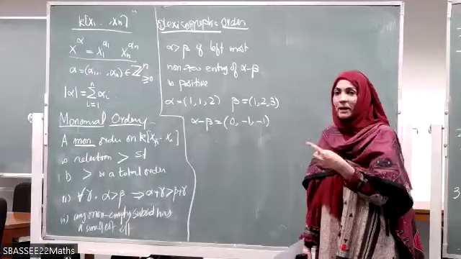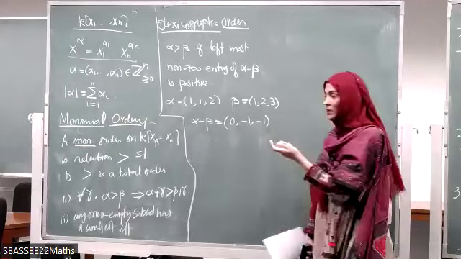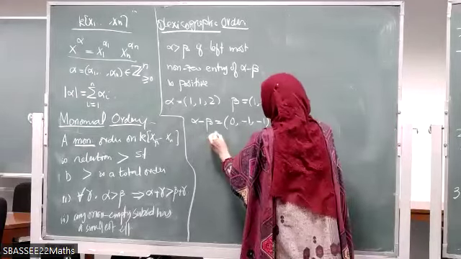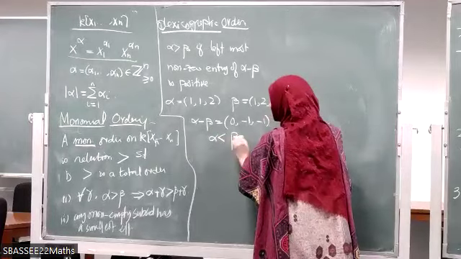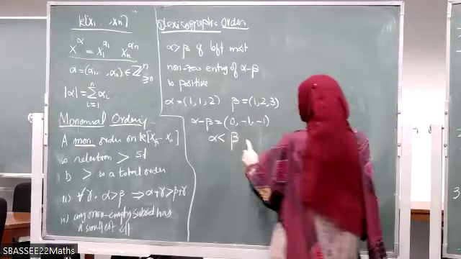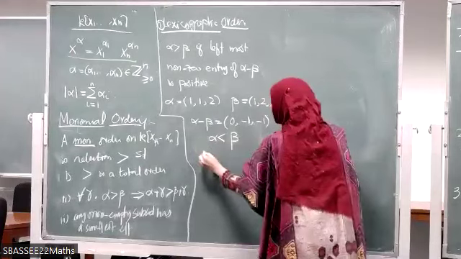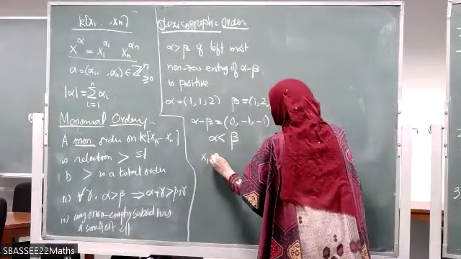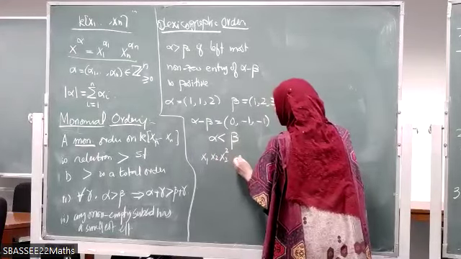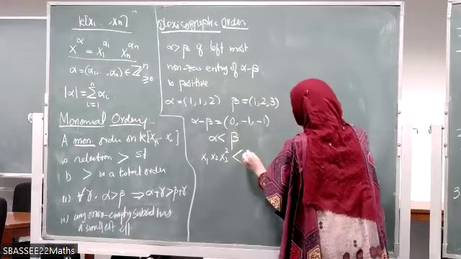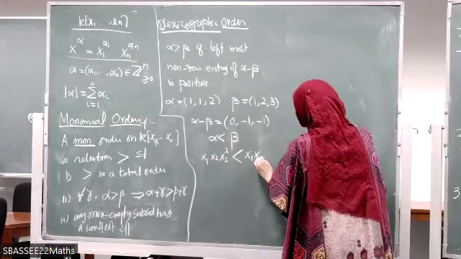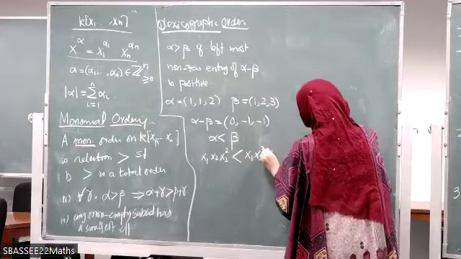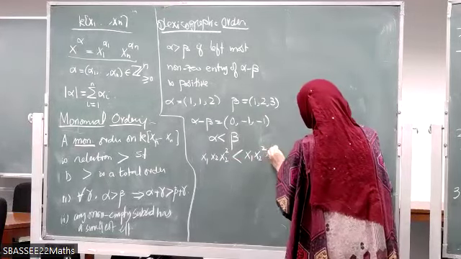But beta minus alpha has this positive entry, so this means that I have this condition here. This means that the corresponding monomial x1, x2, x3 here is smaller than x1, x2^2, and x3^3.